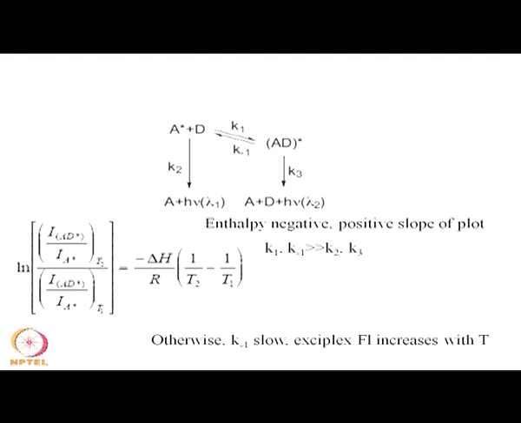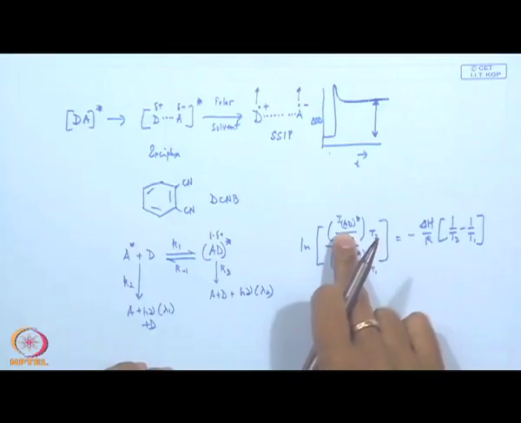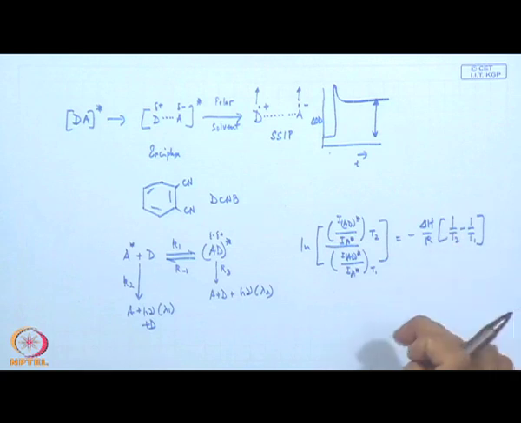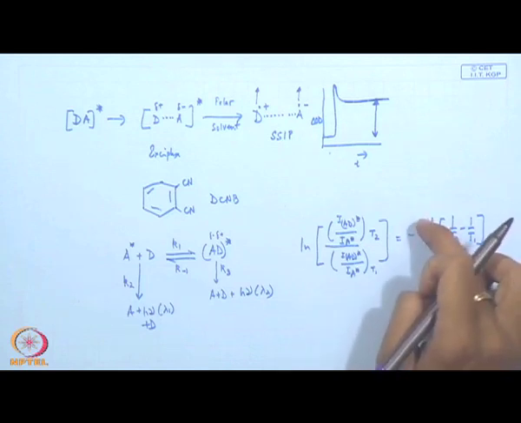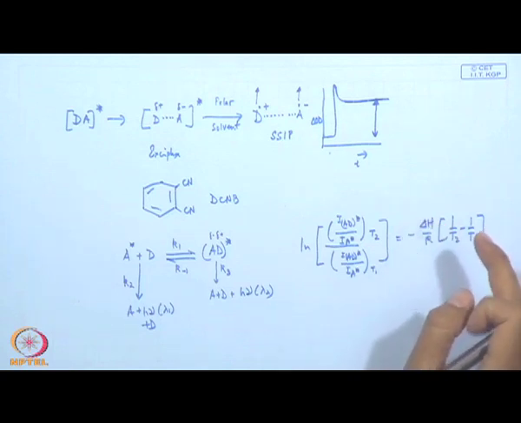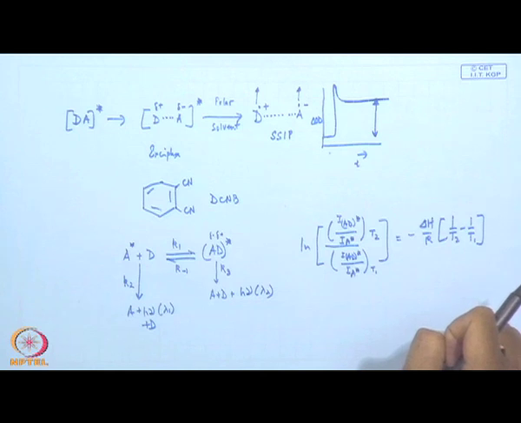Now, in that case if you plot ln of this as a function of 1 by T, then you can expect a positive slope. That means with increase of temperature, since delta H is negative, the fluorescence intensity is expected to decrease.